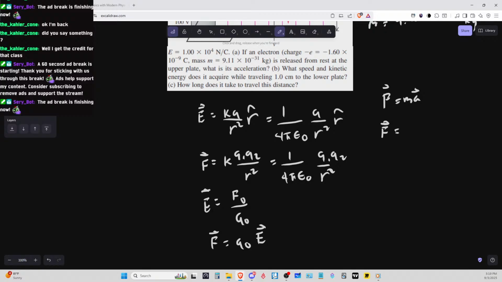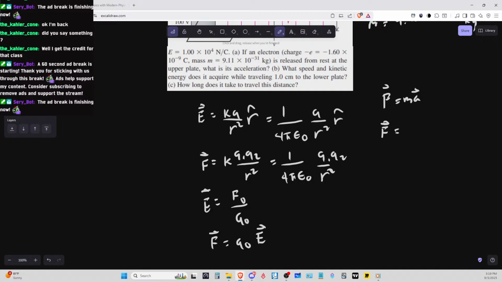So, we have a charge of negative 1.6. No. Parentheses first. We have a charge of 1.60 times 10 to the negative 9 coulombs times 1.00 times 10 to the 4th power.